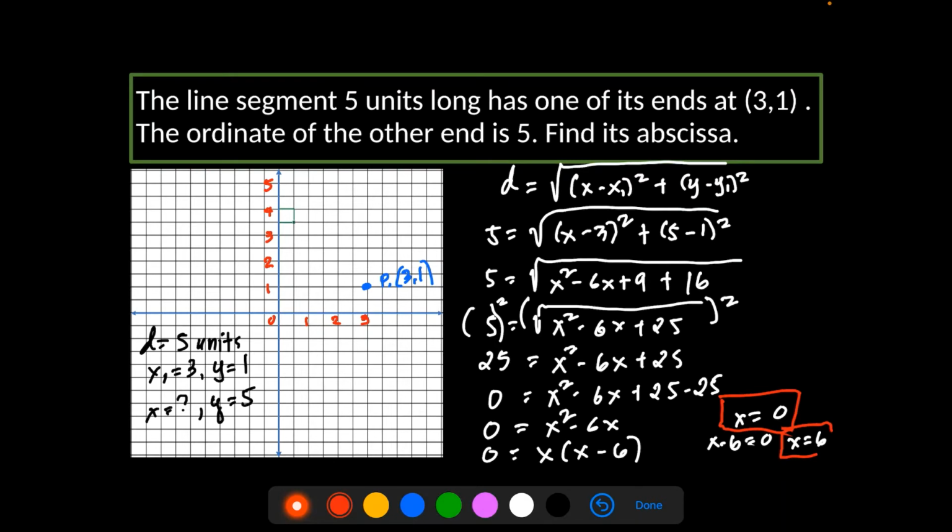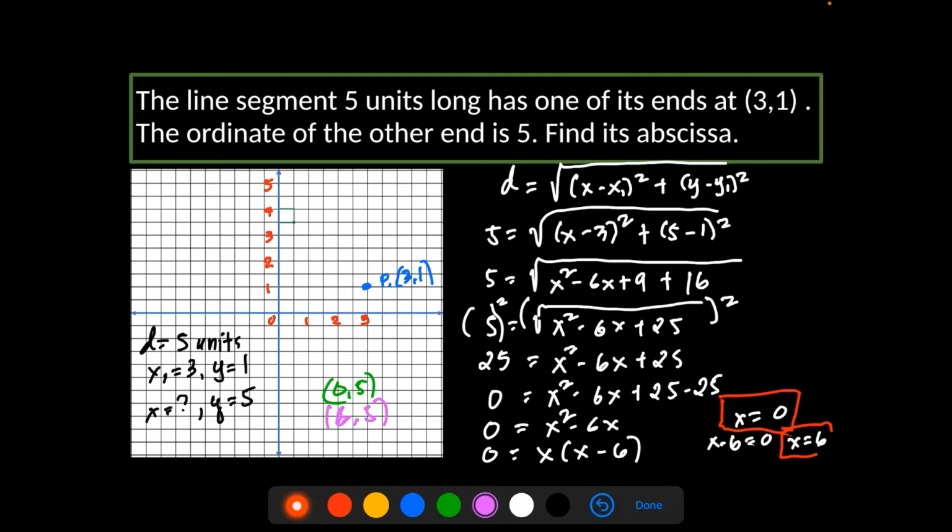Okay, so if we're going to plot the points, we will have the first pair, which is (0, 5), and the second pair is (6, 5). So there are two possibilities here.